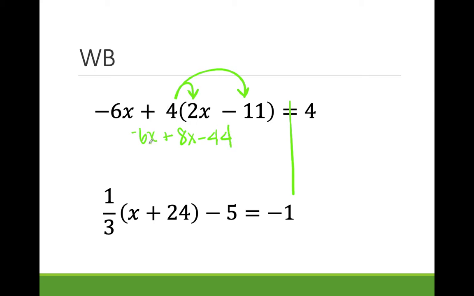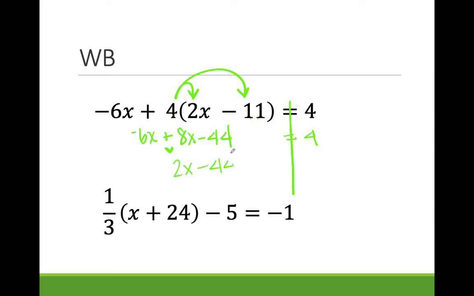So negative 6 stays the same. 4 times 2x is 8x. Minus, don't forget, 4 times 11 is 44, equals 4. Now with this one, we don't want to have two x terms. We want to combine those. So you want to combine those negative 6x plus 8x to equal a 2x.